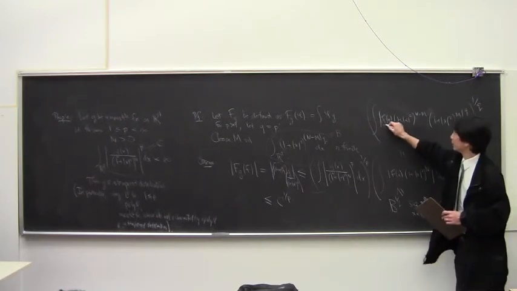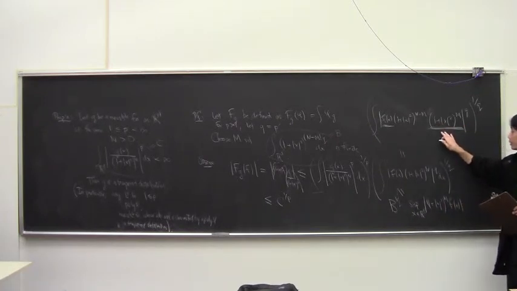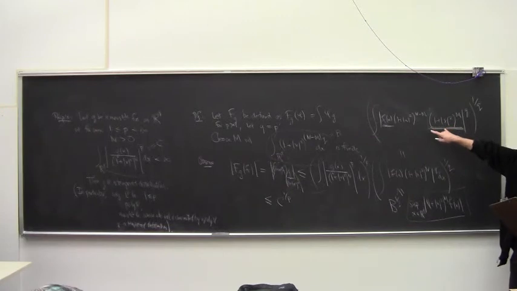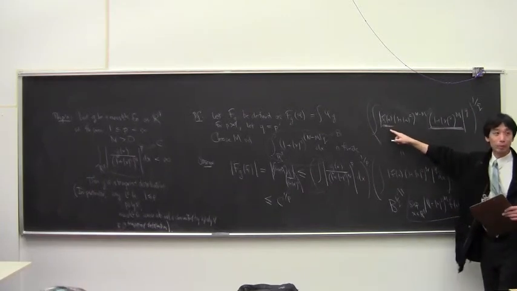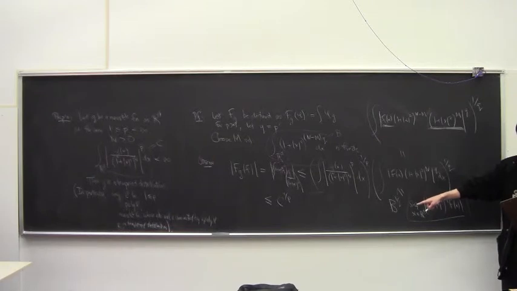You take the supremum of this, and you pull it out. This thing is dominated by the supremum, of course, so you can pull it out. And what you have left over is the B term.